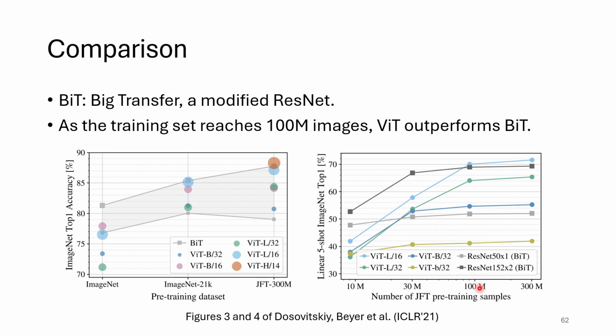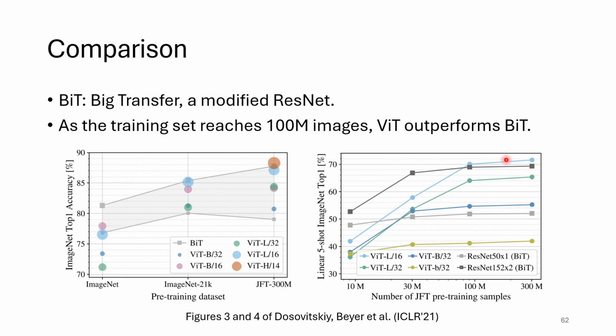But if you increase the number of training images to 100 million or 300 million, then the blue curve, the result of the vision transformer Large 16, generates better results than BiT. So what does it mean?